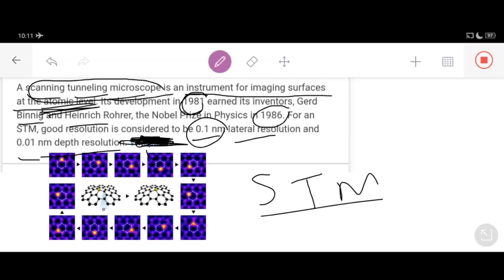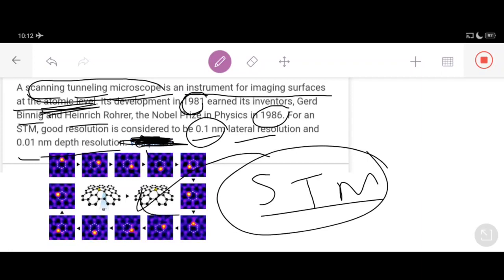So if somebody poses the question, how can we see the atoms, you should answer in a jiffy that we have a sophisticated instrument named the scanning tunneling microscope, STM. These are some of the photographs taken by making use of an STM.